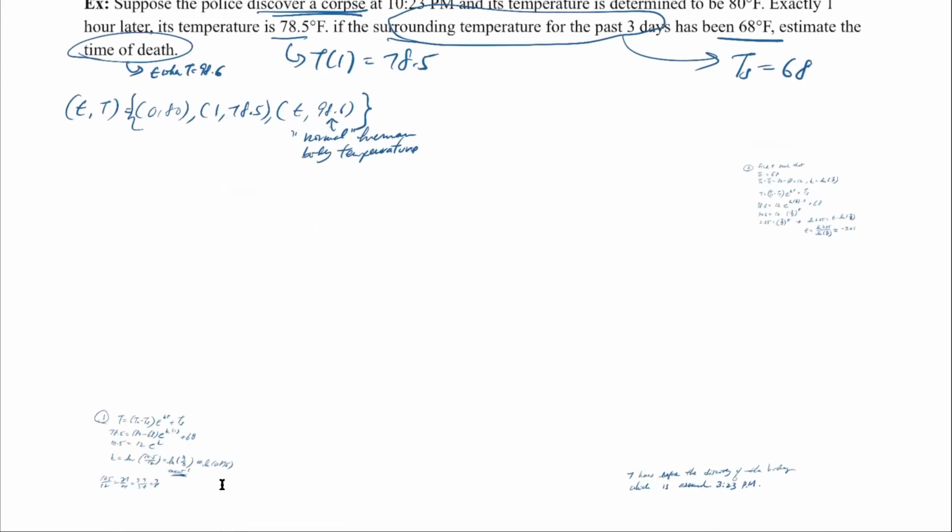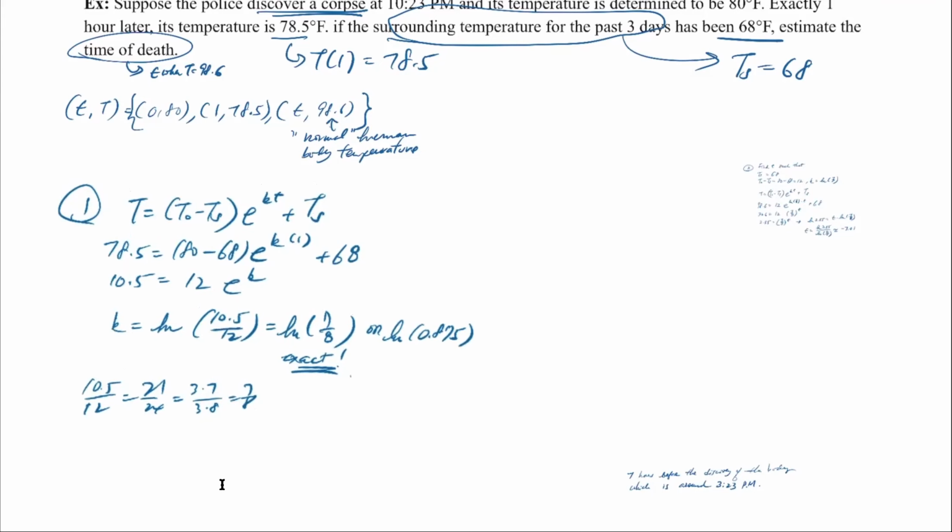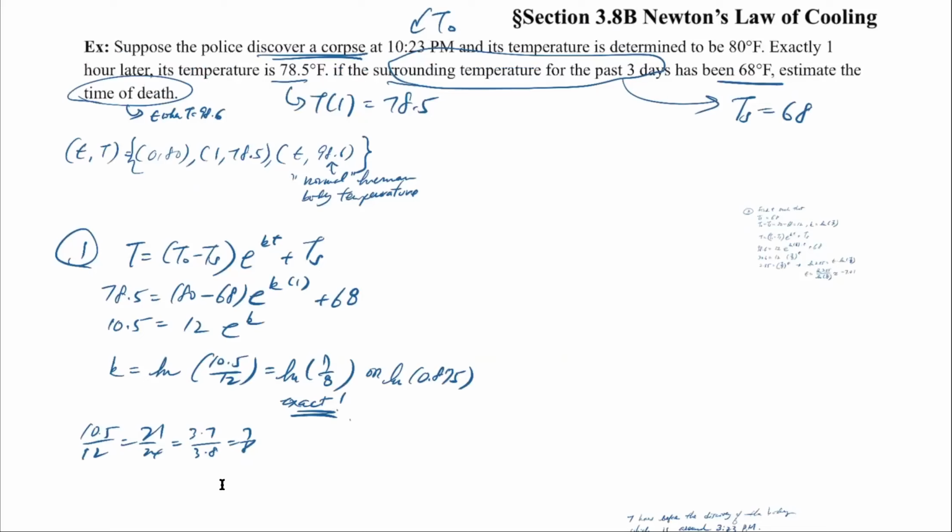Let me bring up what I wrote down already to speed up the video a little bit, so you don't watch me write this out. I wrote out the equation, and I plugged in all the appropriate values. And luckily for us, that was 1. It's easier that way, right? So that came out to 10.5 over 12.